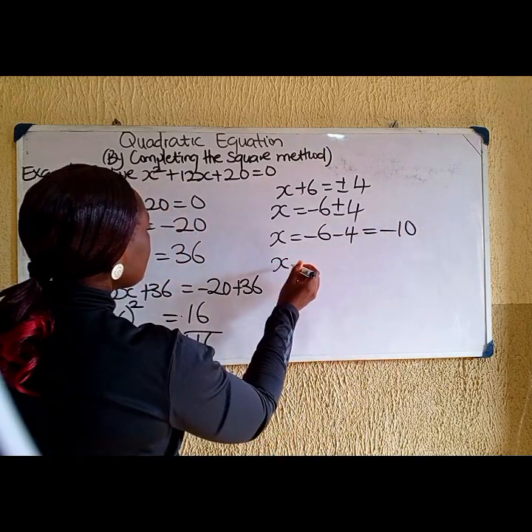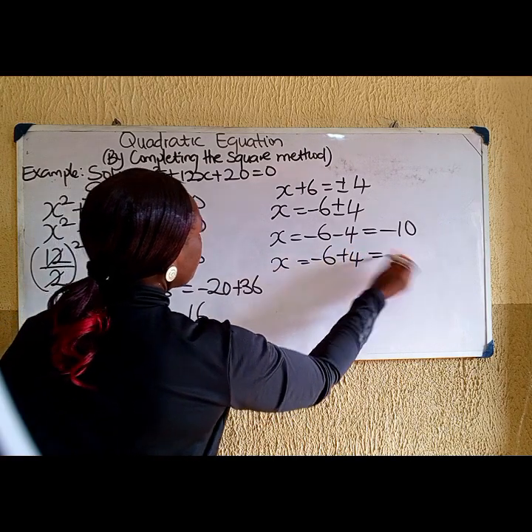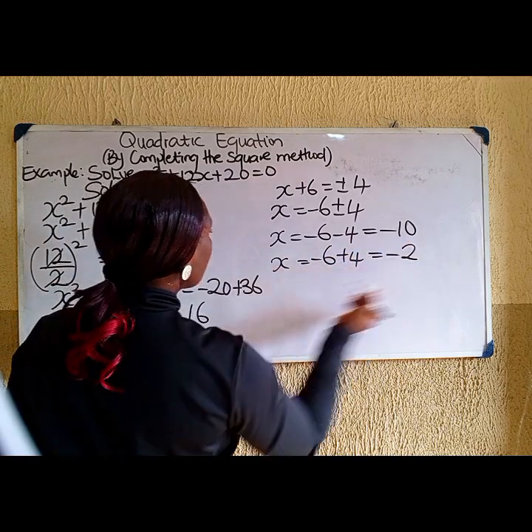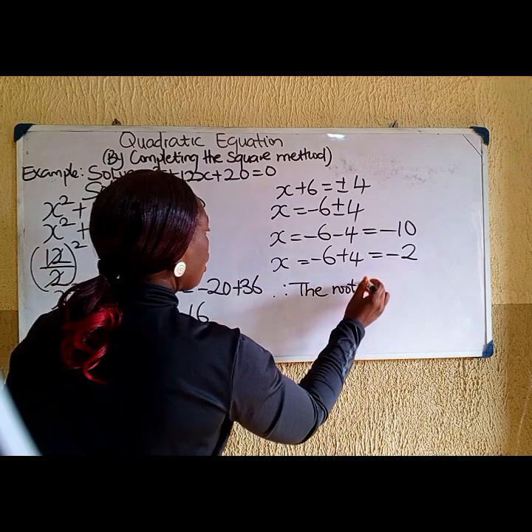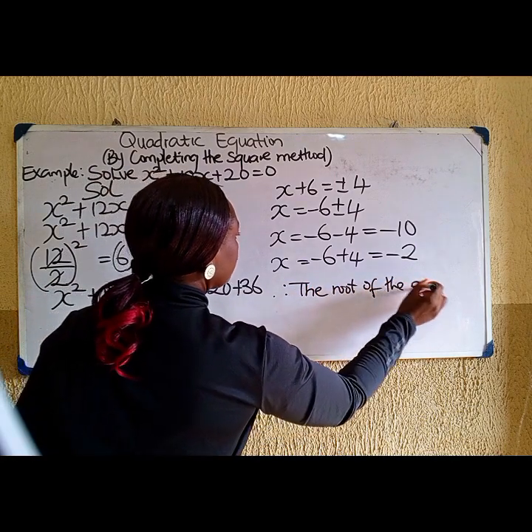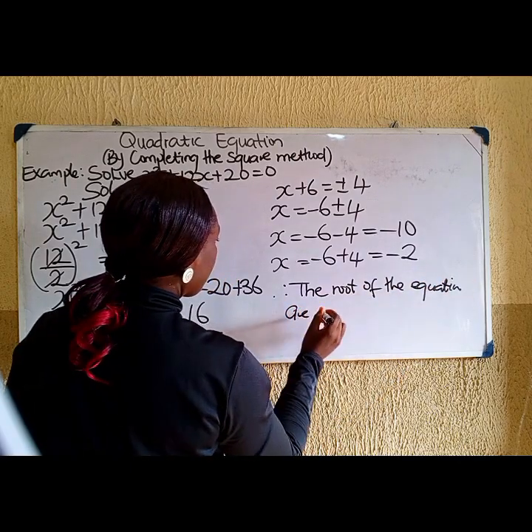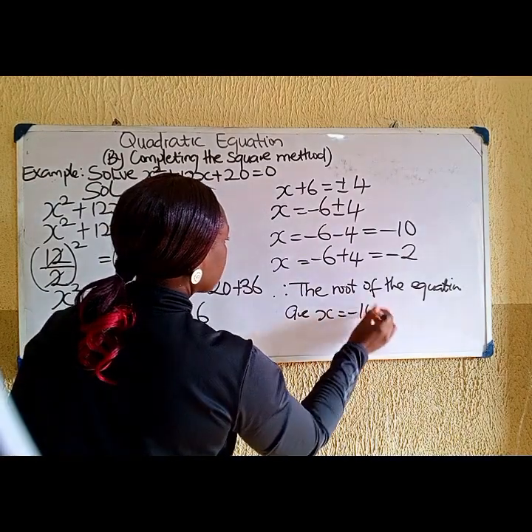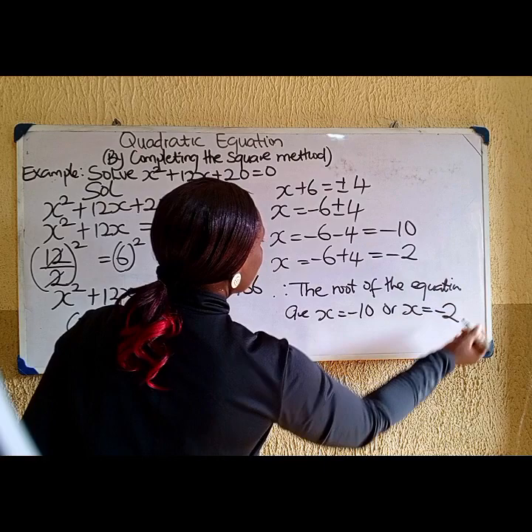And the second is x equals minus 6 plus 4, which will give me minus 2. Therefore, the roots of the equation are x equals minus 10 or x equals minus 2.